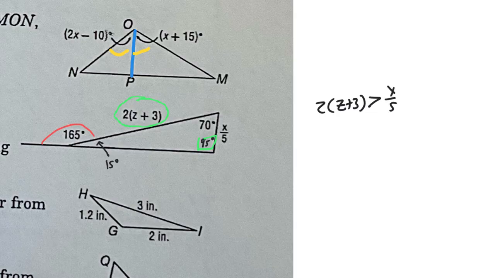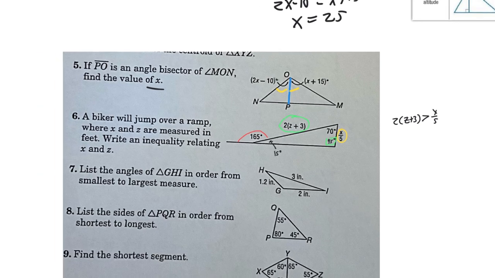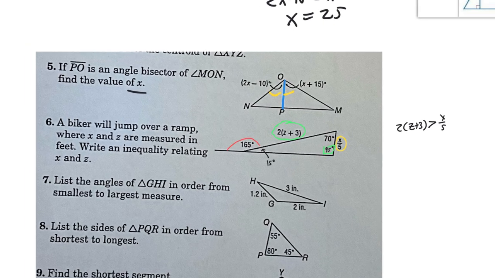The green side is longer than the yellow side. That's what we're communicating right here. And we're done, because all they asked us to do was to write an inequality that relates x and z. Here's your x, here's your z, here's how they relate to each other. I think that's all we need to do.